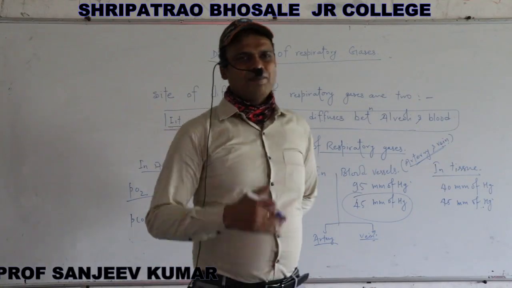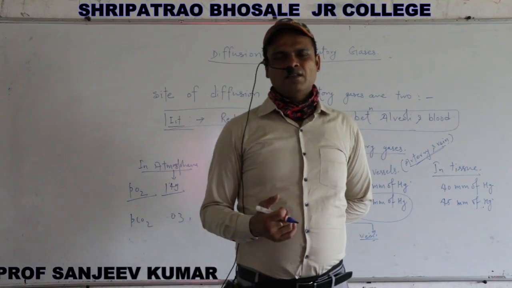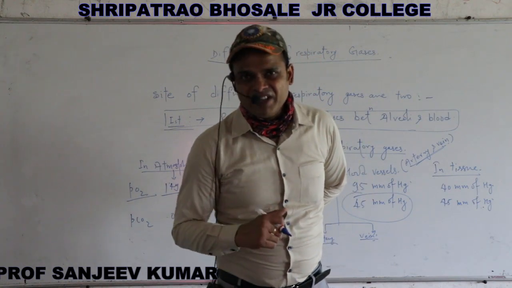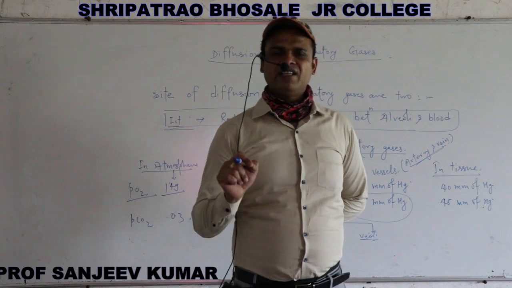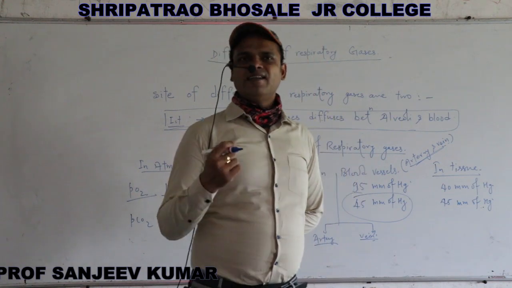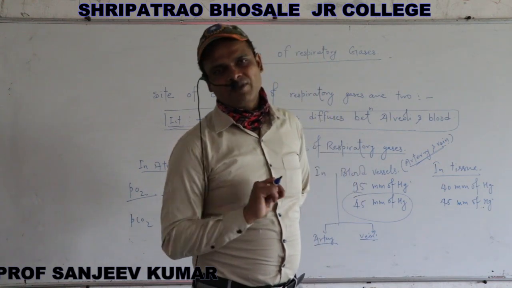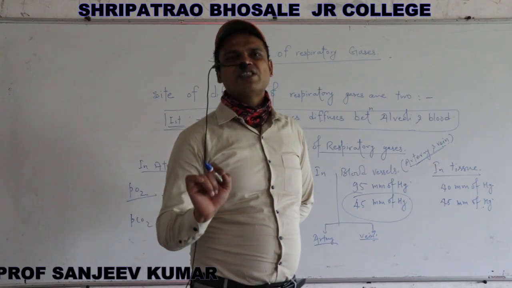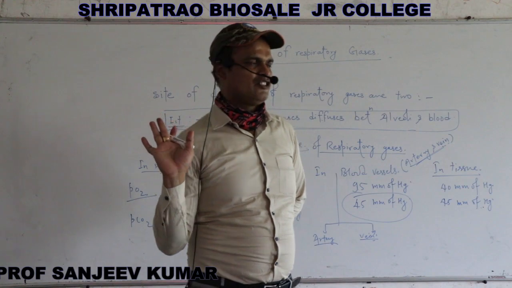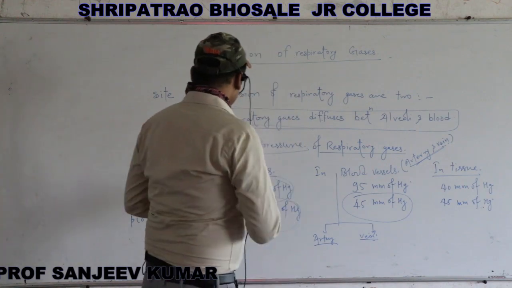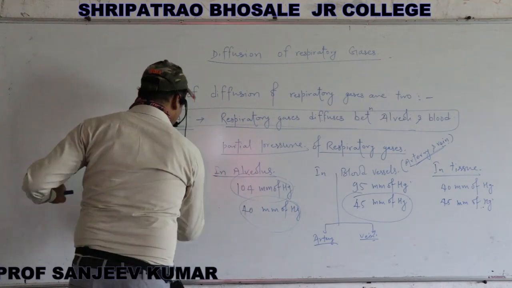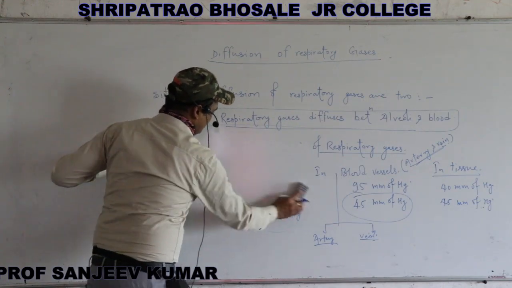In the systemic vein, the partial pressure of oxygen is approximately 40 mmHg, and of carbon dioxide approximately 45 mmHg. So this creates the diffusion potential and facilitates the diffusion.